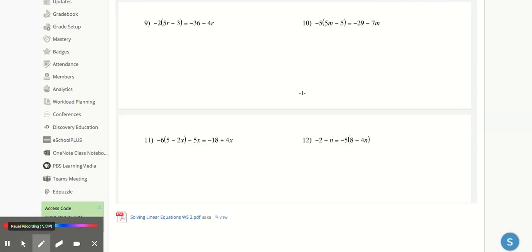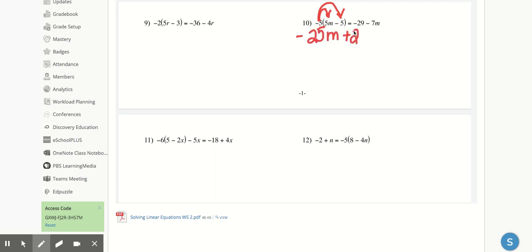If we look down to question number 10, for example, this one's a little bit more involved because you have some distributing going on. So you're always going to do that distributing first. Over here with question 10, if I distribute this negative 5, again, only to items in the parentheses immediately following, I end up with negative 25m plus 25 equals, and then on the right, negative 29 minus 7m.